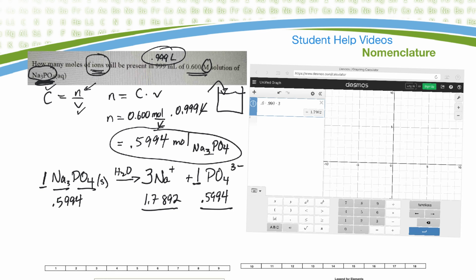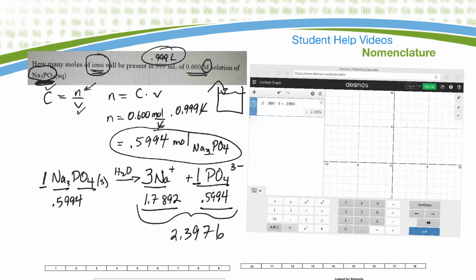In the question, they say, what is the total number of moles of ions? So both of these are ions, so I just need to add up those numbers. So I have to add 0.5994 to that. Total, the sum of those two is 2.3976.